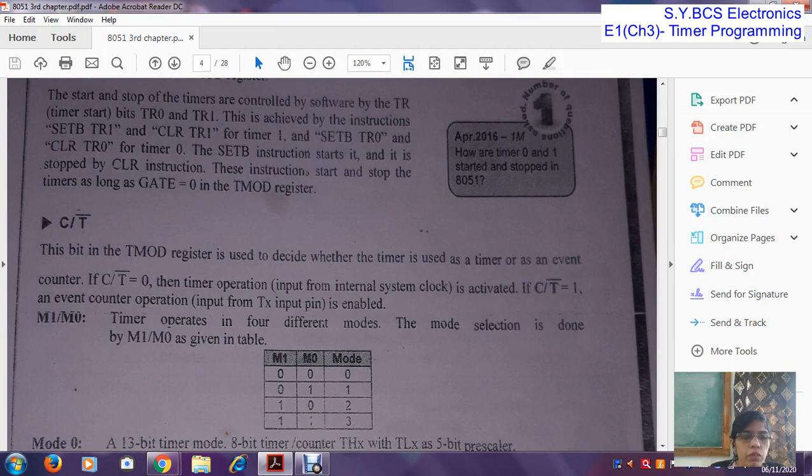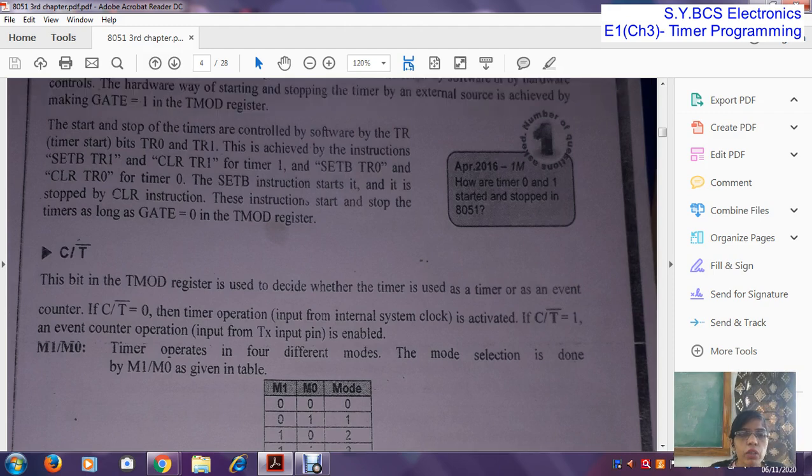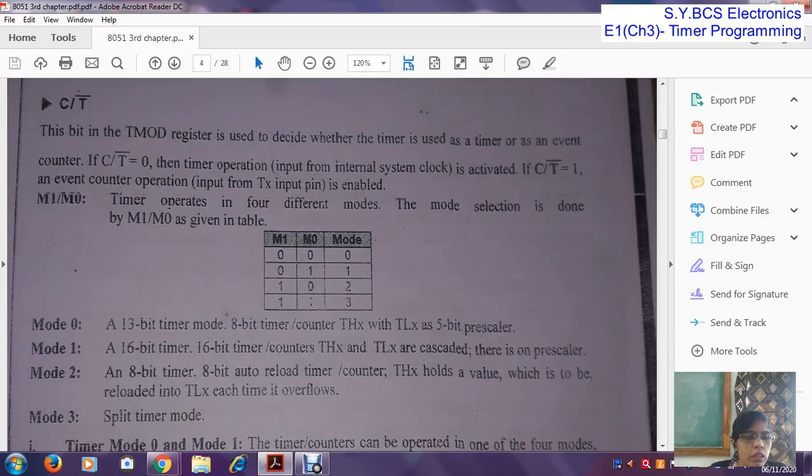If C/T is 0, timer operation is activated, and when it is 1, event counter operation is enabled. It depends on the programmer which operation is to be used, either time delay generation or event counter.